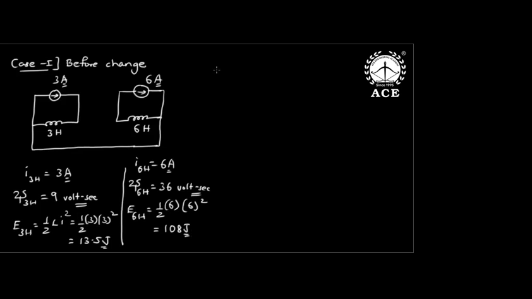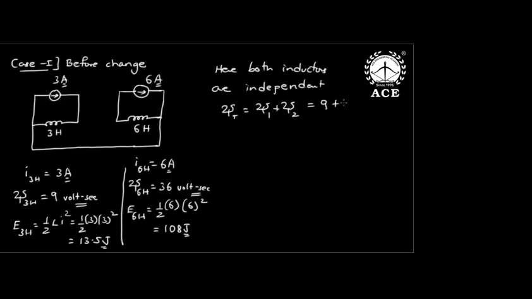Now here clearly, because both inductors are independent, independent means separable, I can say total flux linkage is psi 1 plus psi 2, that is 9 plus 36, that is 45 volt seconds.